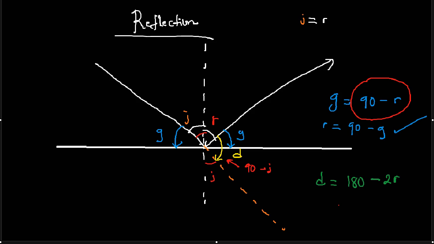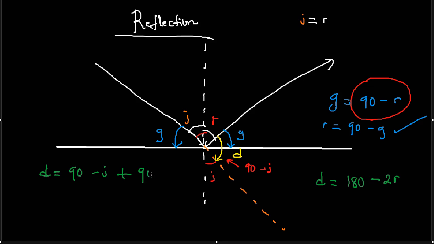So the angle of deviation is equal to 90 minus i plus the glancing angle, which is also 90 minus r, the same thing as 90 minus i.